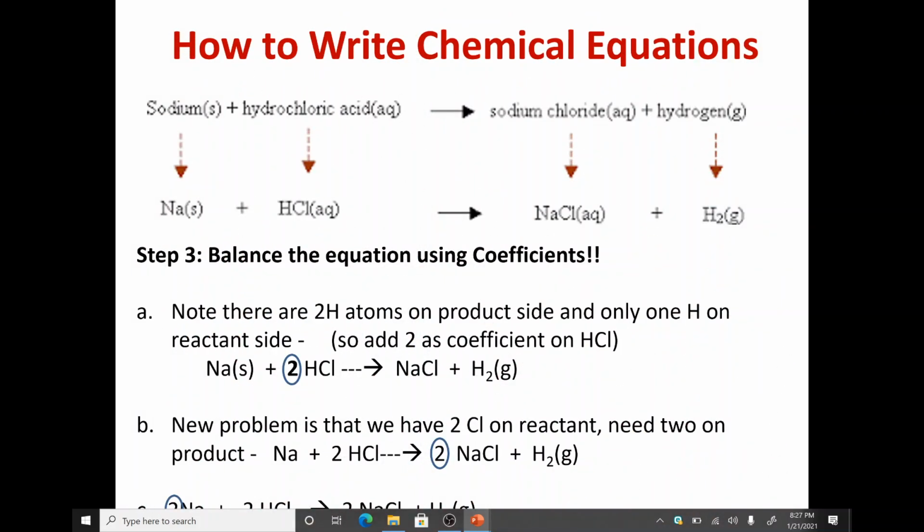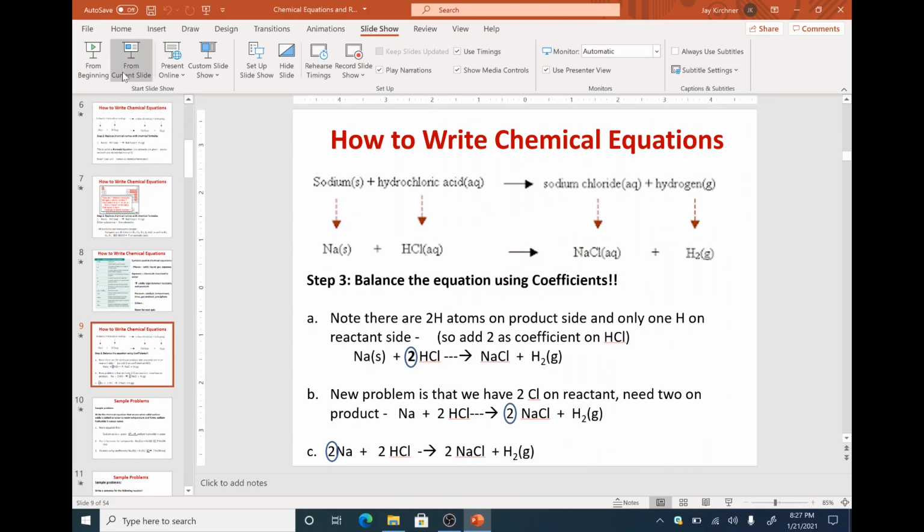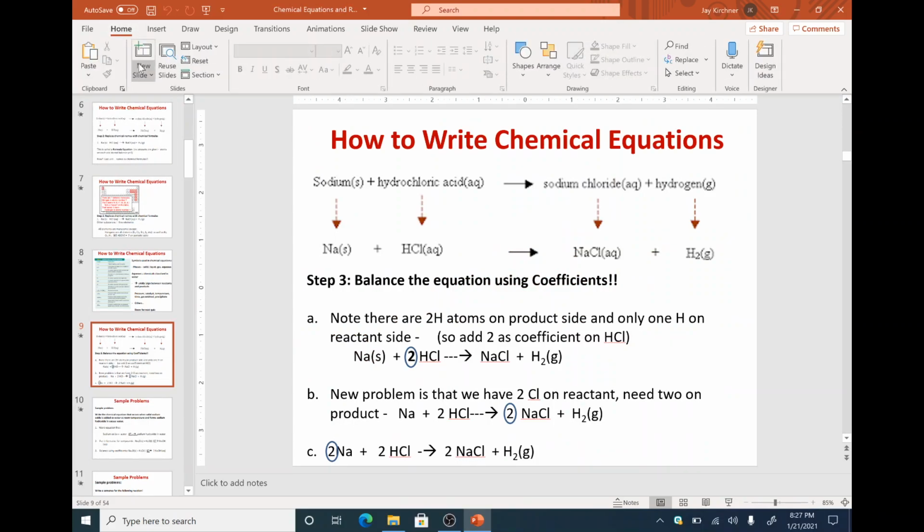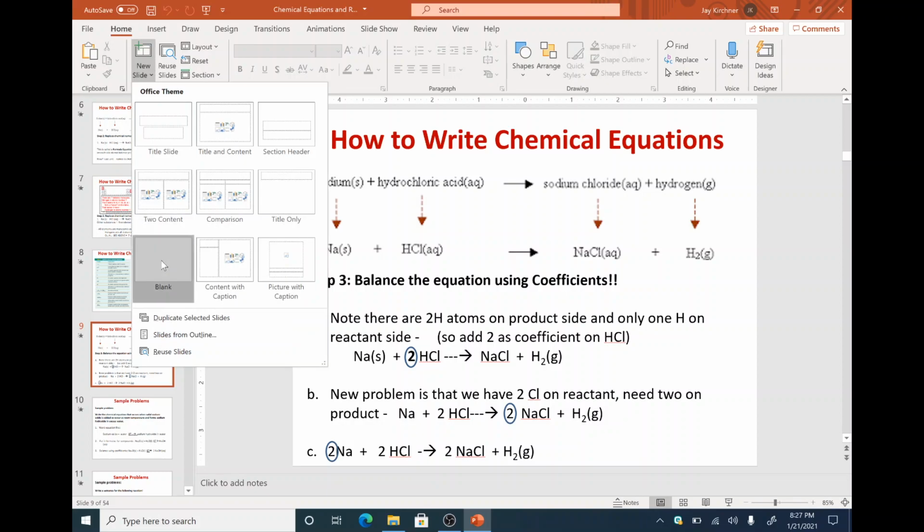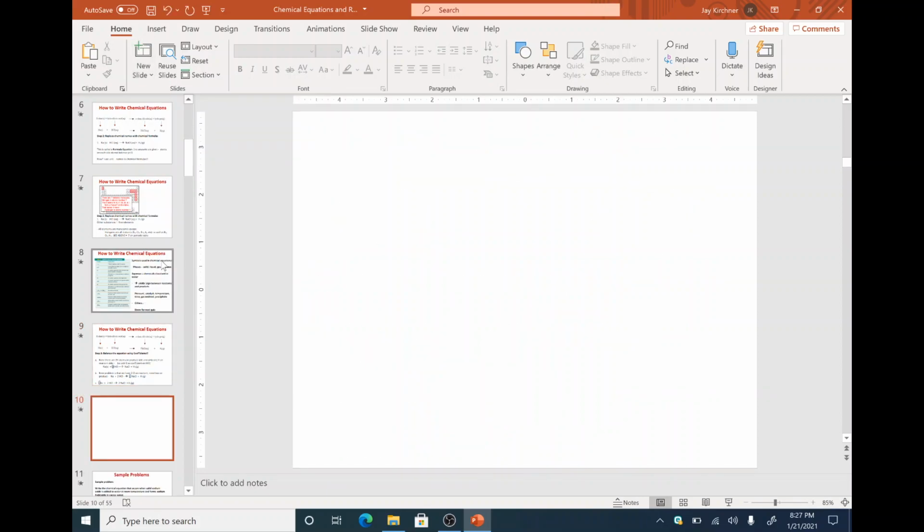Okay, let's balance it. Now, what we do in the balancing, let me take a quick, so I'm going to discard it. I'm going to go to inserting a slide. There we go. Okay, so let me write out the reaction we just had. I have to remember what it is first.